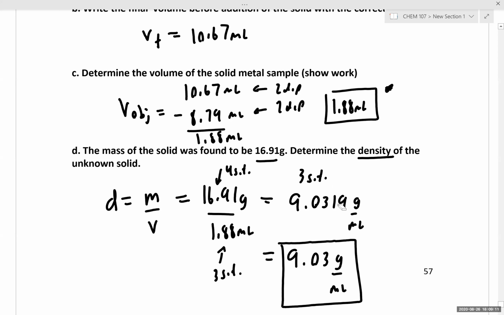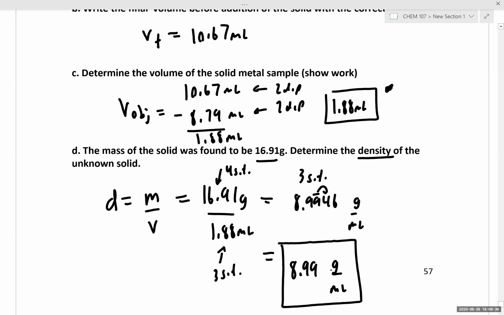Ah, you're correct. I think I forgot to include one of the digits in the bottom number. So that gives us 8.9946. We look 1 space to the right and we round down, and that gives us 8.99 grams per milliliter.